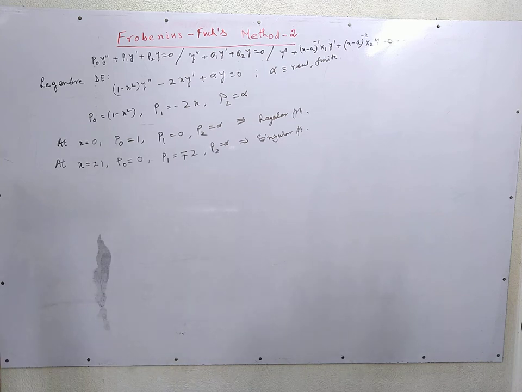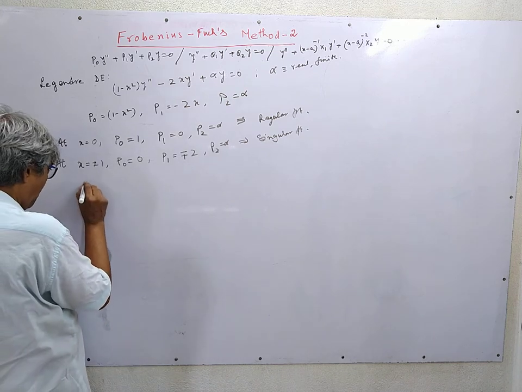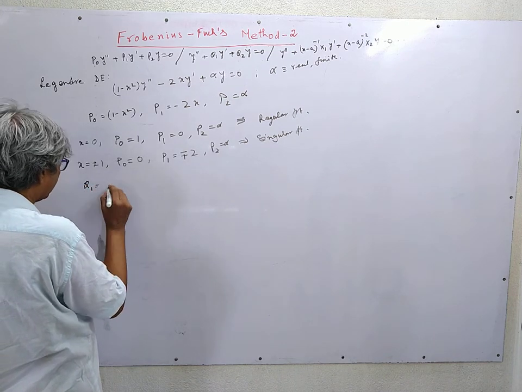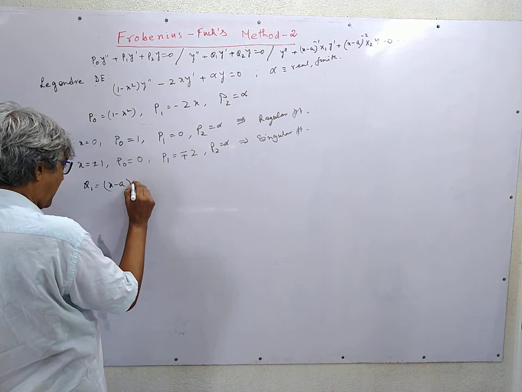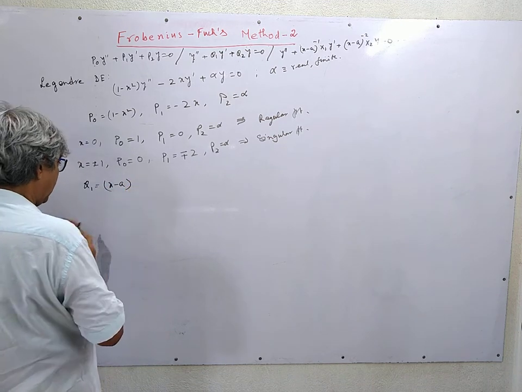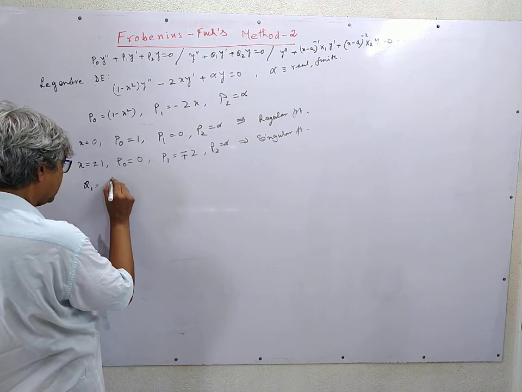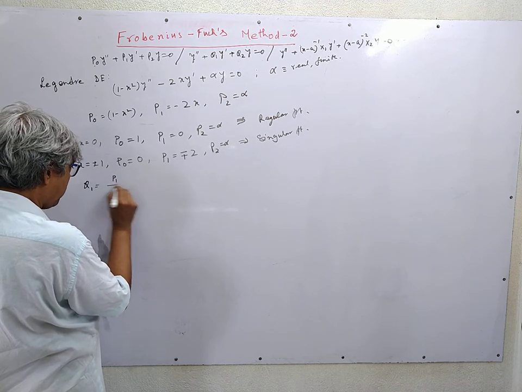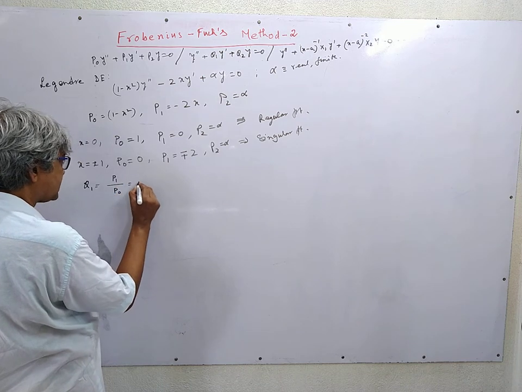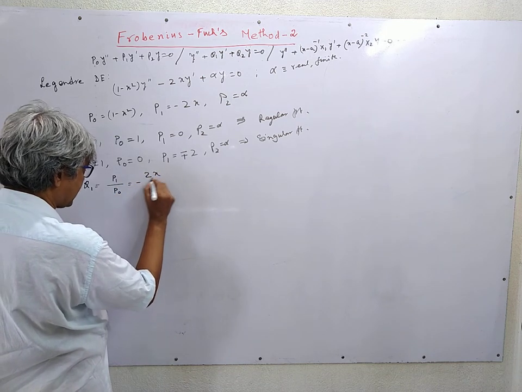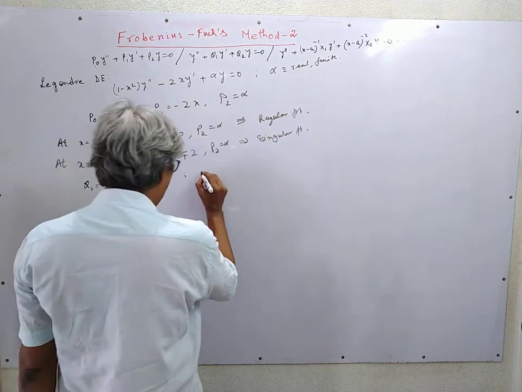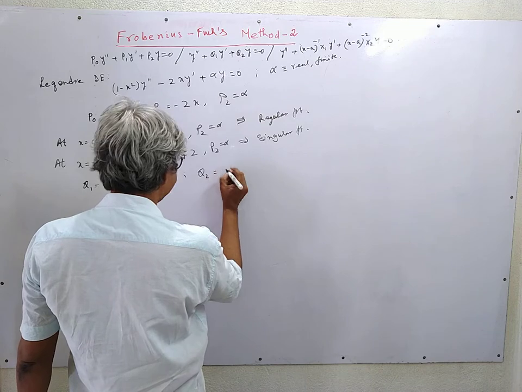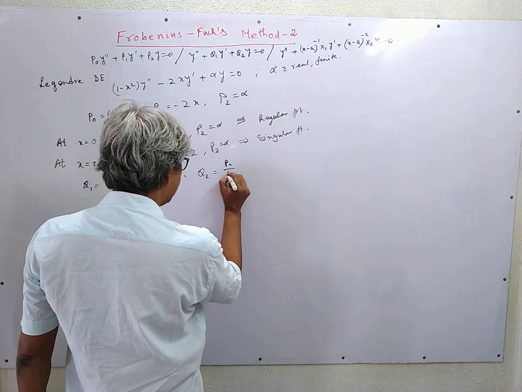So we define the Q functions. Q1 is P1 by P0, so in this case it is minus 2x over 1 minus x squared, and Q2 is P2 upon P0.